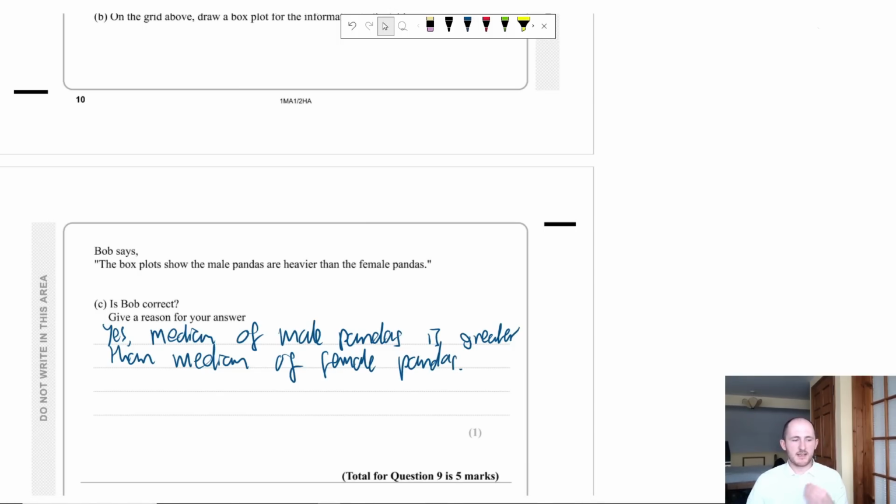Quite a short question really, but box plots don't come up that frequently, so they're probably banking on people not knowing what to do with them. It's 5 marks, which I think is actually pretty generous.